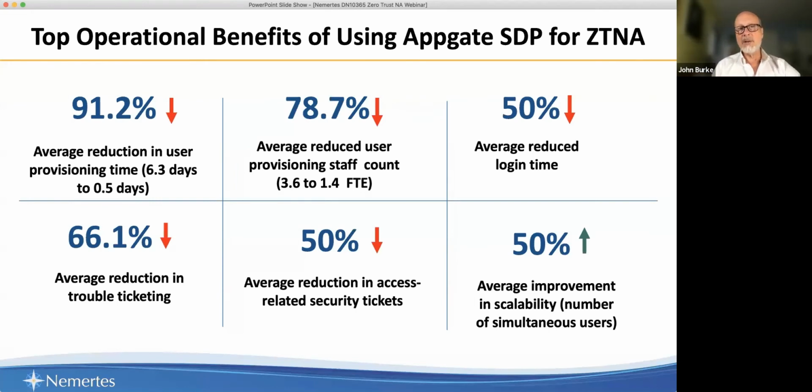Not everyone dropped all the way to zero, but they did drop down into the onesie-twosie zone, typically from tens to hundreds per day. So a massive reduction in the effort expended on the help desk side and the support engineer side, just to get people into the systems they need access to. And lastly, that improvement in scalability.